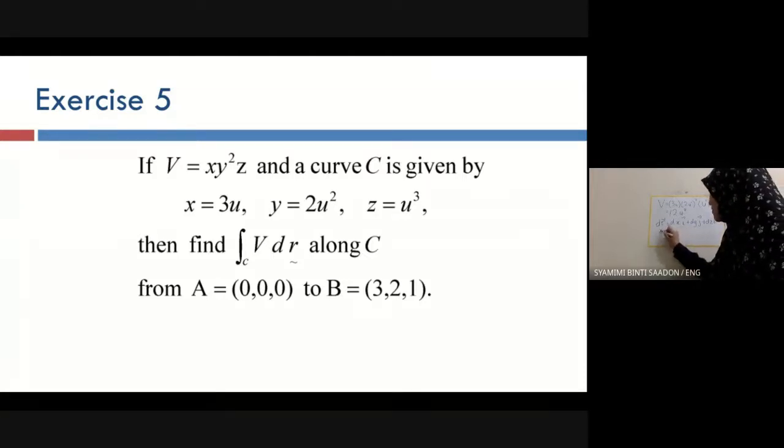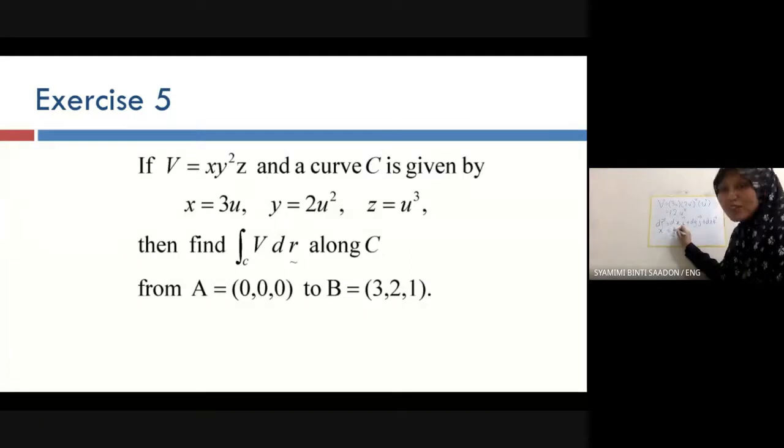Just now we have x equals 3u, so dx is 3 du. The same for dy and dz.